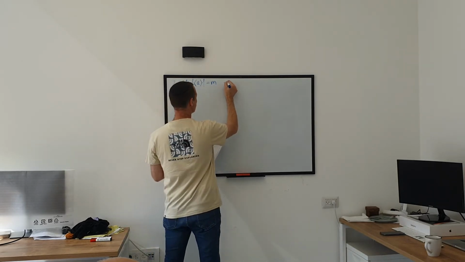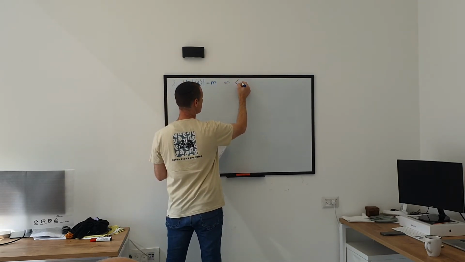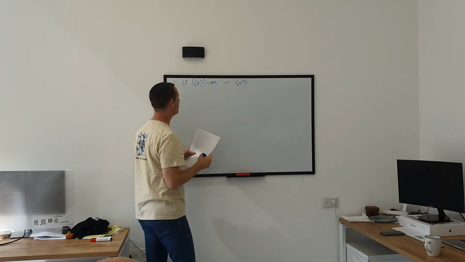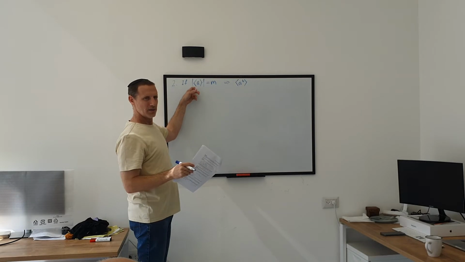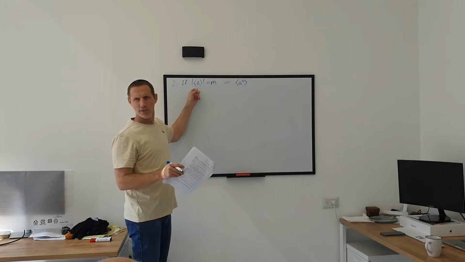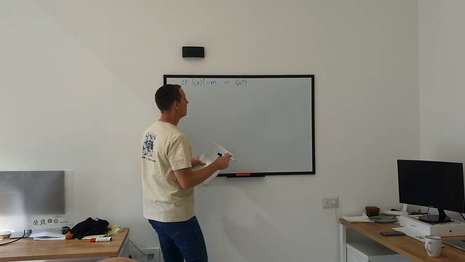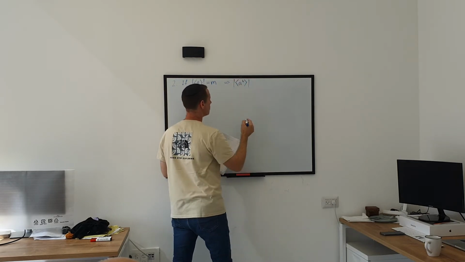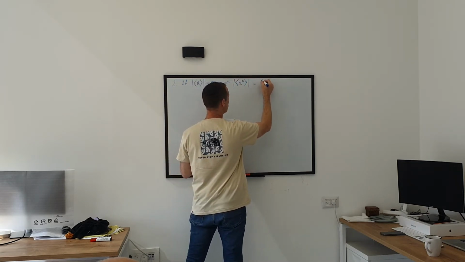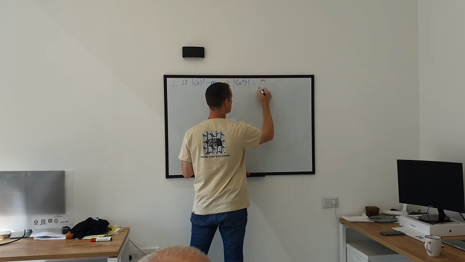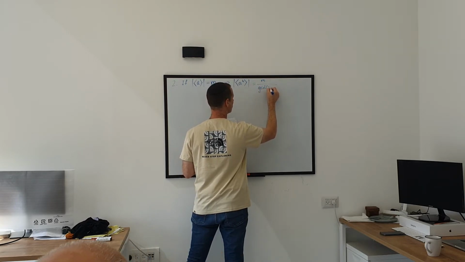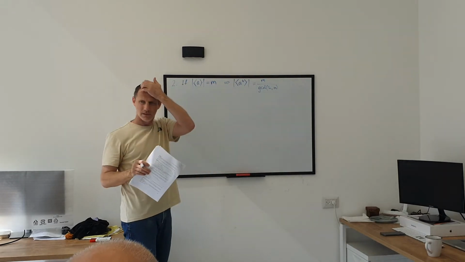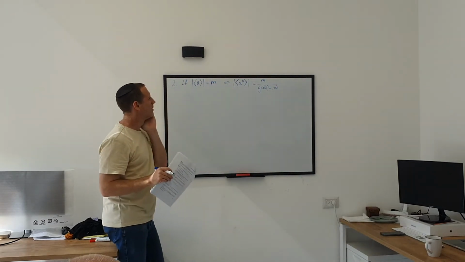Then, if we take any group generated by A to the power of K, meaning that we take any element in this group and generate a subgroup with it, then the size of this subgroup will equal M divided by the GCD of K and M. Okay, GCD, greatest common divisor, right?